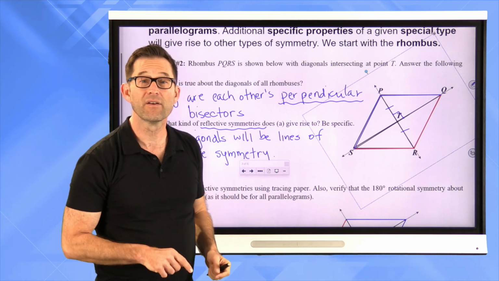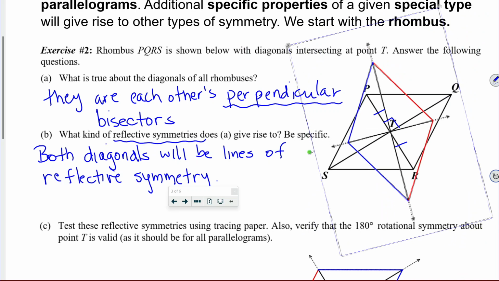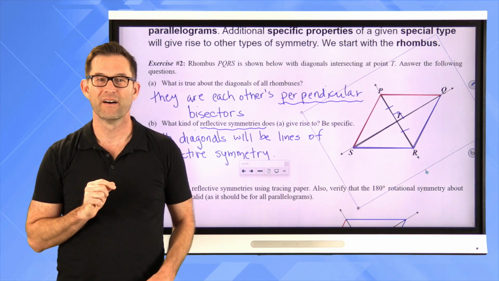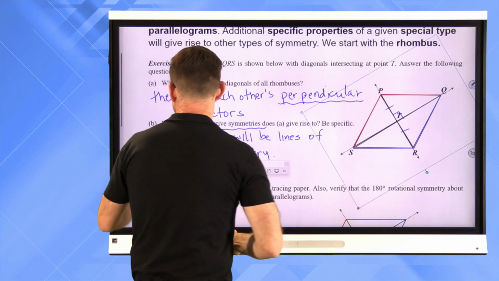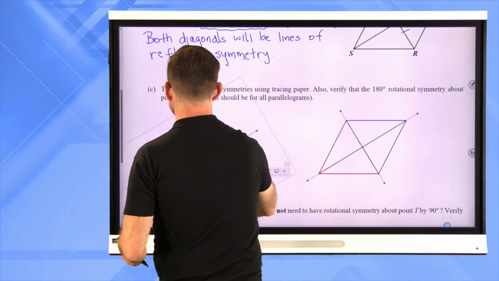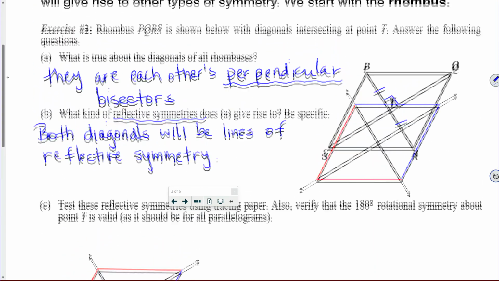By the way, let me take a look at that 180-degree rotational symmetry while I'm right here. If I rotate it by 180 degrees about its center point, it maps back onto itself. Again, that would have been true of any parallelogram, but certainly true of this rhombus. Likewise, I can show that the other diagonal is a line of reflective symmetry.